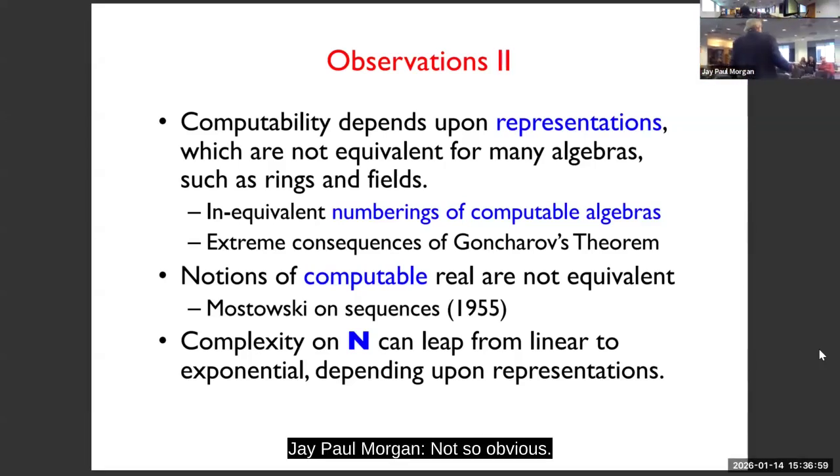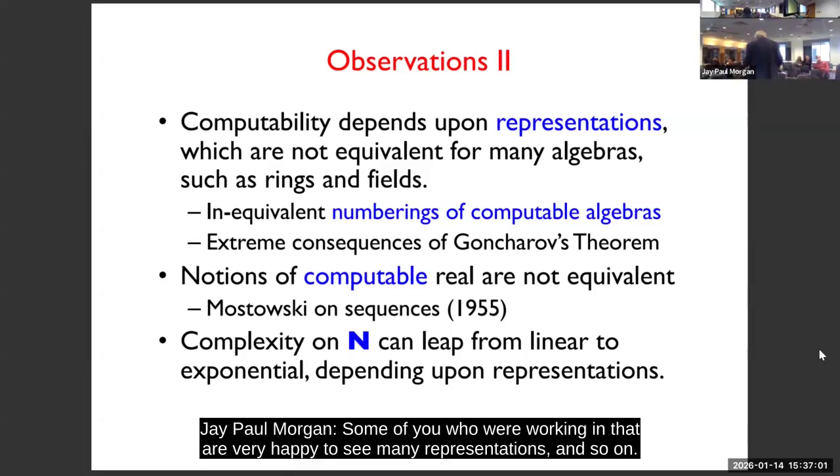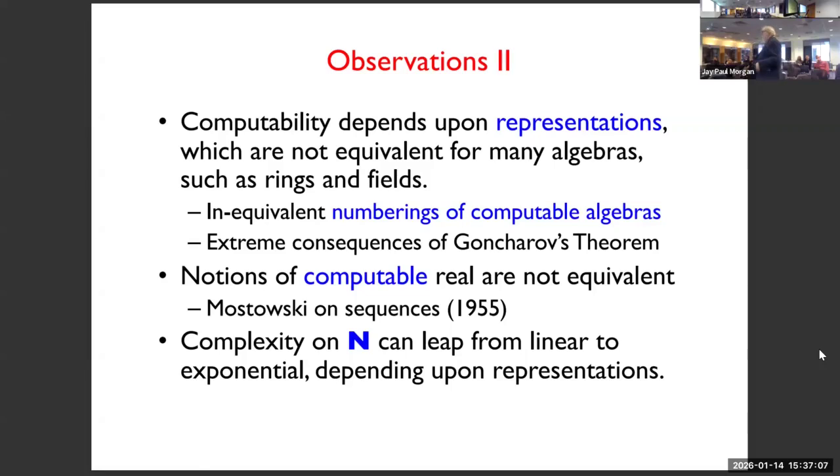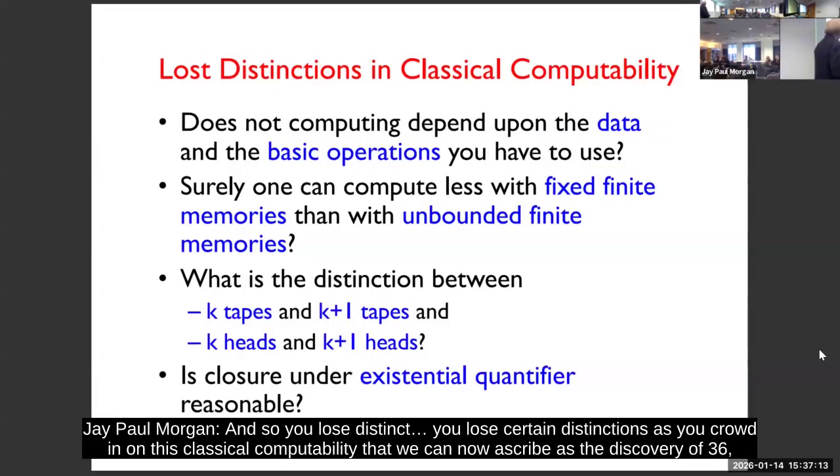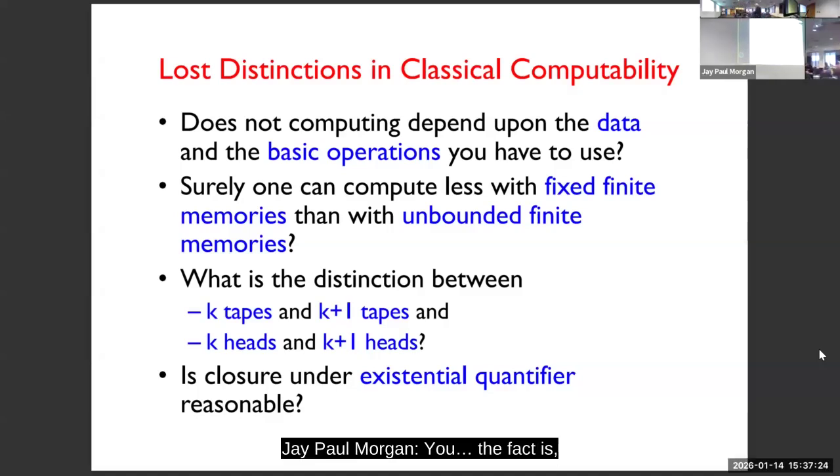This is not so obvious to some of you who are working with representations, and I'm very happy to see that. But you lose certain distinctions as you crowd in on this classical computability that we can now ascribe as the discovery of 36.